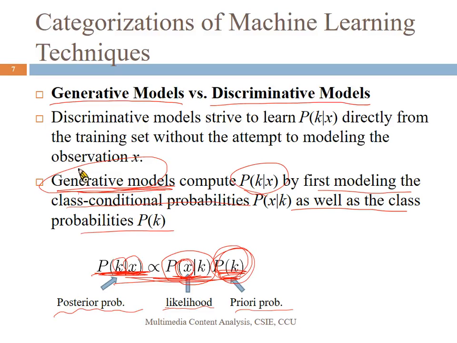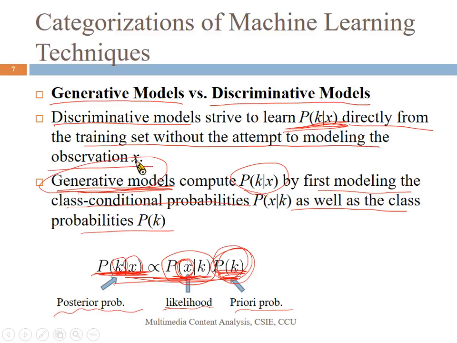In contrast to the generative model, we have the discriminative model. Discriminative models don't want to model the visual appearance of a flower or tiger or apple. No, they just try to learn this probability distribution directly from the training set without attempting to model the observation x.